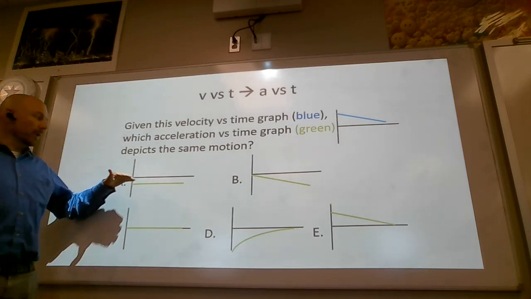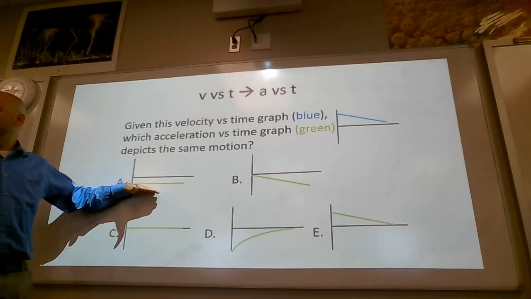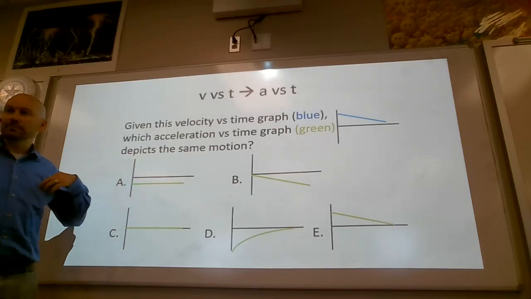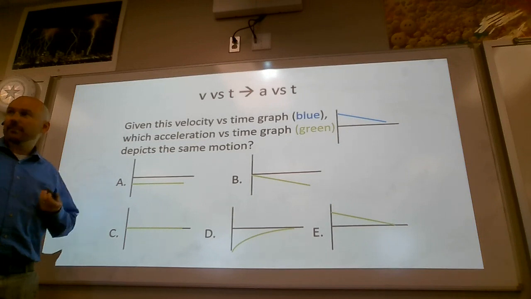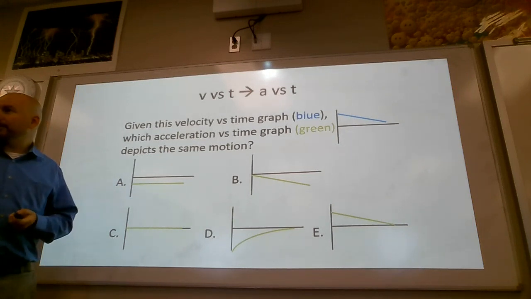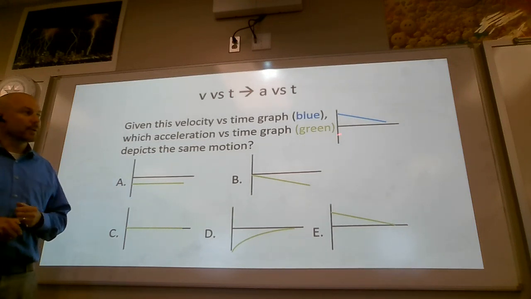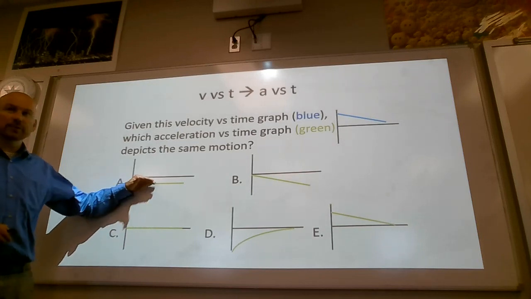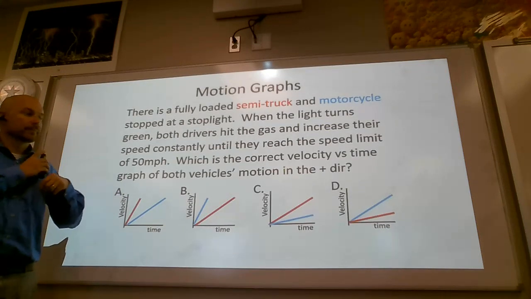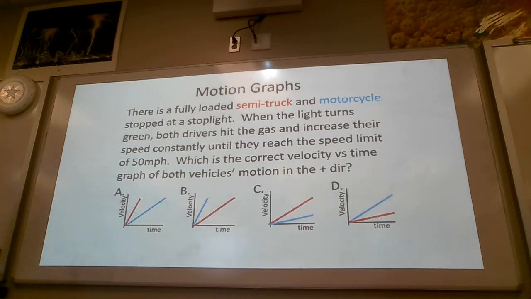So really what you need to make a distinction between is positive, negative, or zero. Good with that? These will always be straight lines, therefore these will always be horizontal.